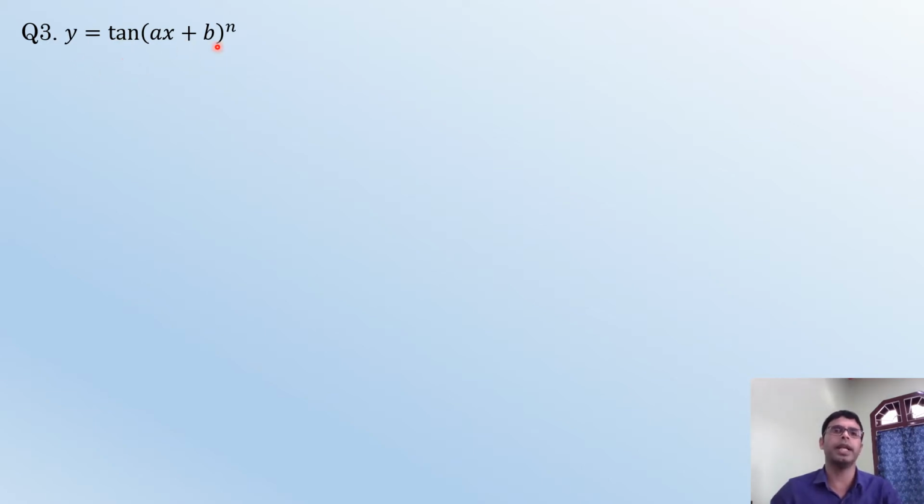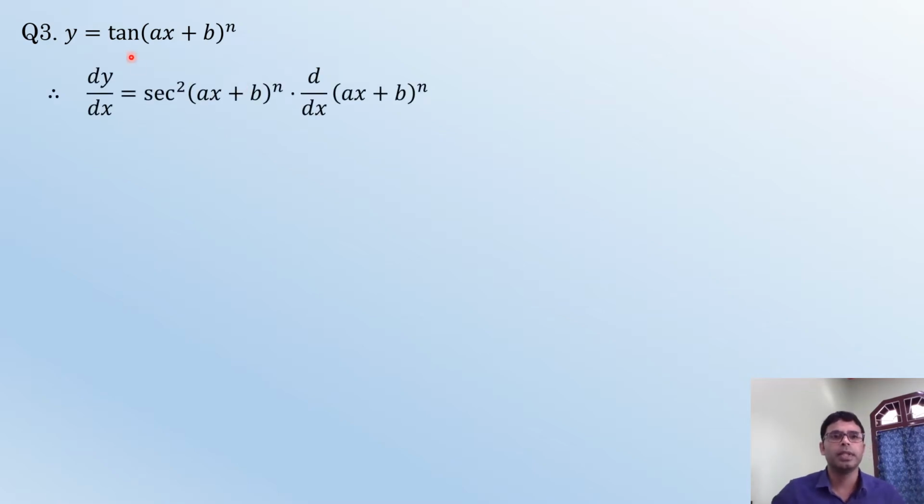So y is equal to tan x, and the formula for the differentiation of tan x is sec square x, you know that one. So dy/dx is equal to sec square, this total term is considered as x, so sec square x into d/dx of the term considered as x, which is (ax plus b) to the power n. In the near future you should write the total differentiation in one line only.